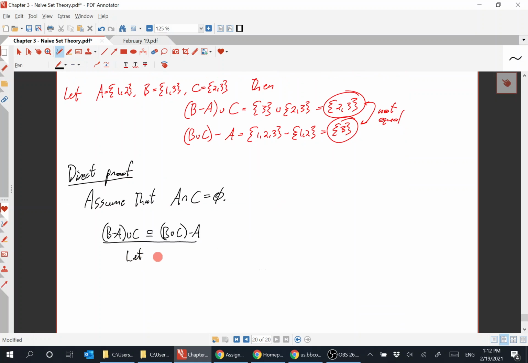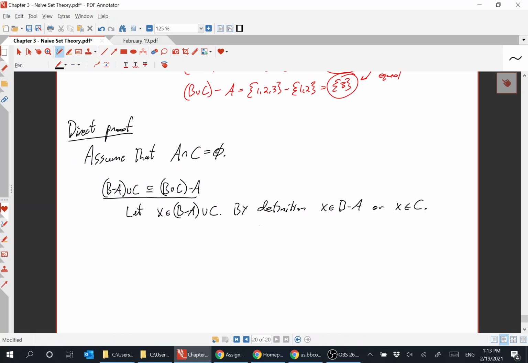So let X be an element of B minus A union C. By definition, X is an element of B minus A, or X is an element of C. Okay?